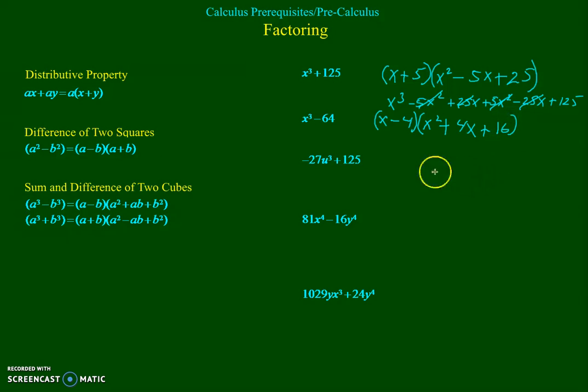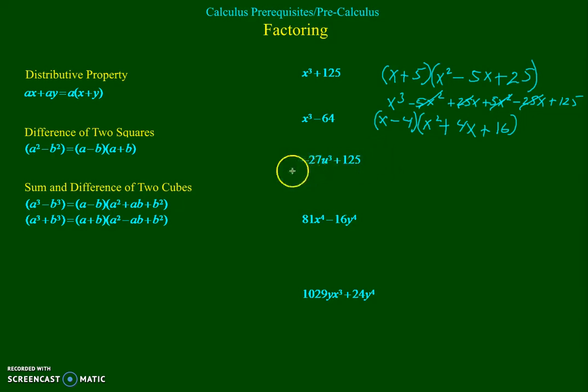All right. Now, sometimes you may have a term in front of one of the other terms. So here we have a cube. 27 is 3 cubed, and u is a perfect cube. And again, we have 125, which is 5 cubed. We do the exact same thing.